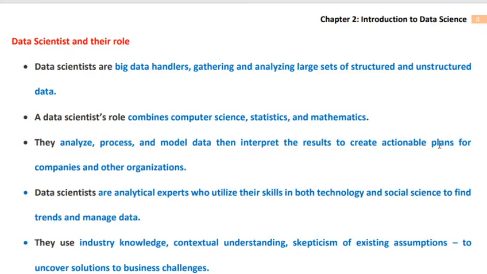So, data scientists are big data handlers. As you see here, we have specified it in a better manner. Data scientists are big data handlers who are capable of gathering and analyzing large sets of structured and unstructured data.